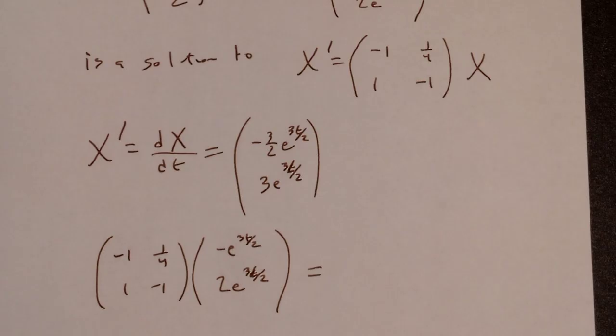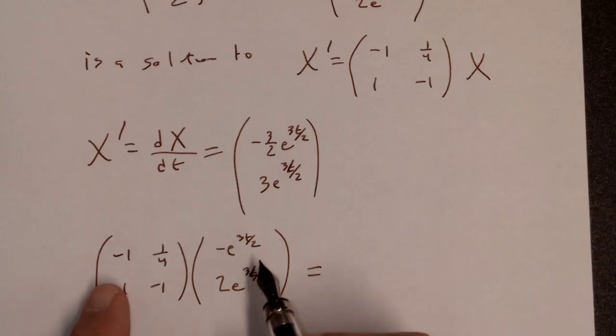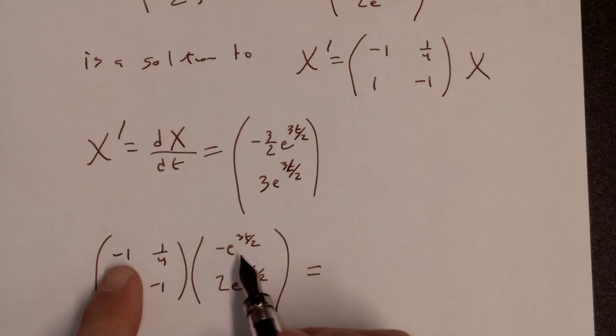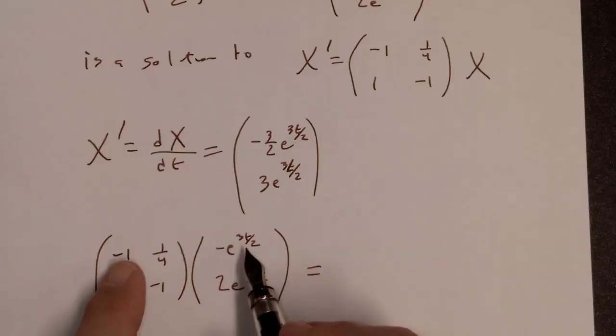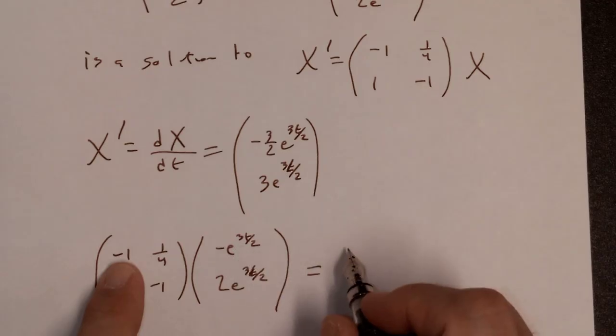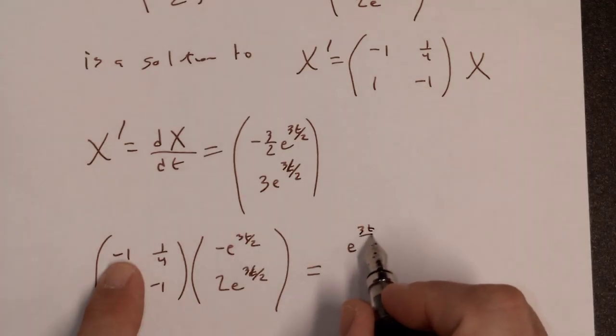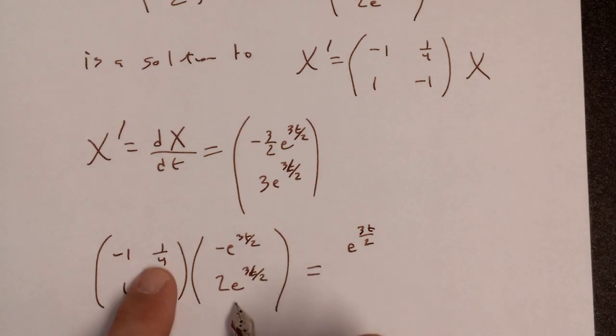Okay, rows and columns. I take these two and multiply them together. What do I get? Just these two pieces. First row, first column. And then I multiply these two together and I add.